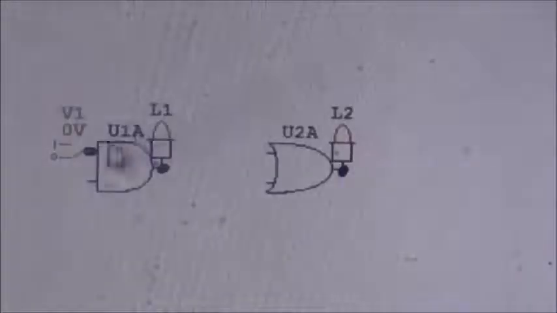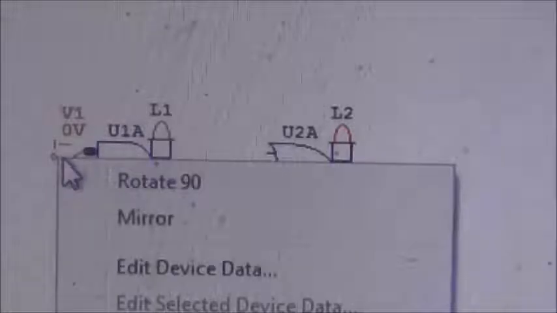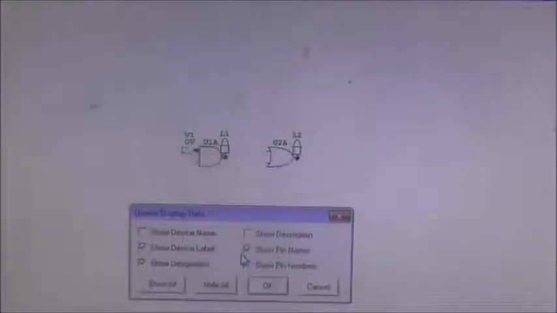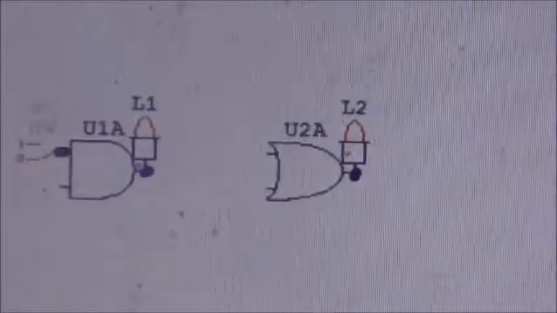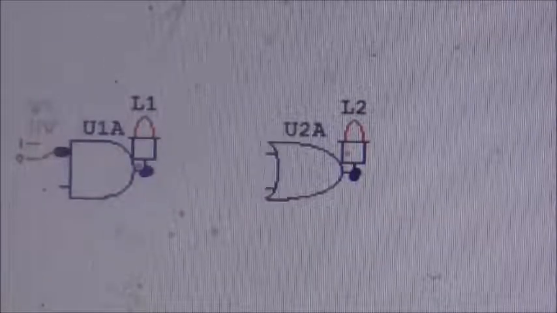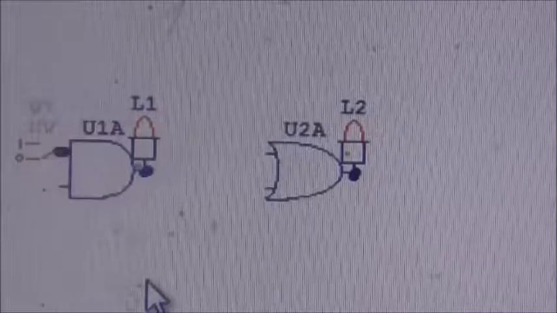There's a bit here that you can't quite see, so I'll zoom out, called device display data. If I click on that, it'll let me hide all the data. In that way, I don't get it scruffed up by text all over the place that I don't really need.